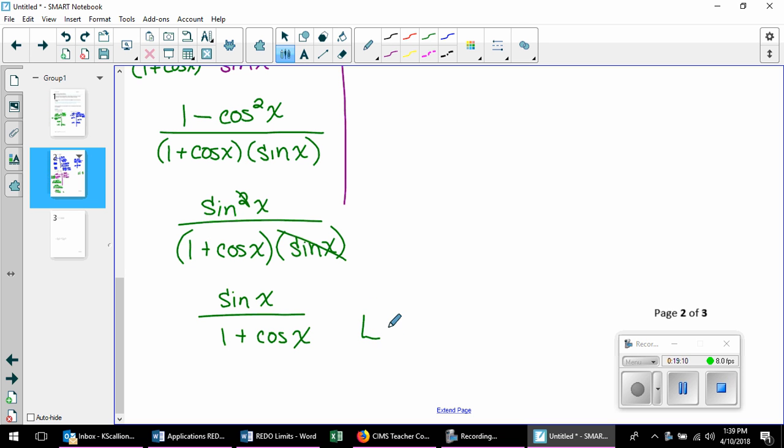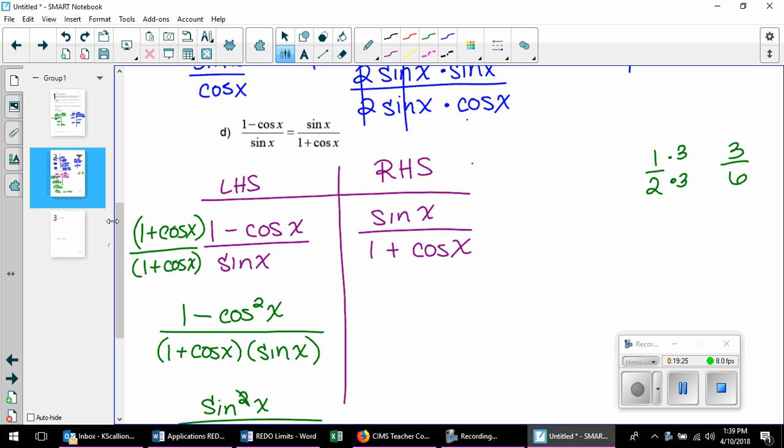So I need to make the statement left-hand side equals right-hand side. We tried something at first, it didn't work. It looked like an identity, it wasn't an identity, but you can multiply things top and bottom. You don't have to do that to both sides. You have to do it top and bottom.